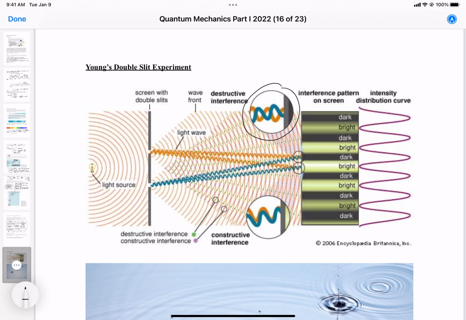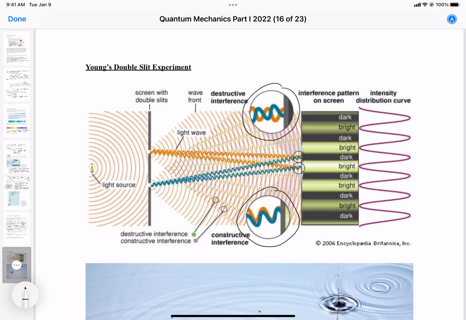Now you're going to have some areas of constructive interference, where the two waves superimpose on each other exactly, and they give rise to a bigger effect of the wave, and that's the bright spots we see in this pattern here. And you get a diffraction pattern where you have areas of high intensity, no intensity, high, low, high, low.